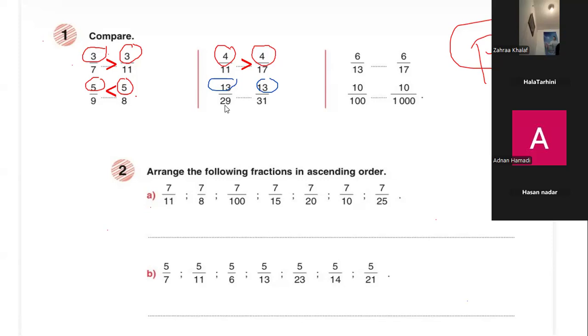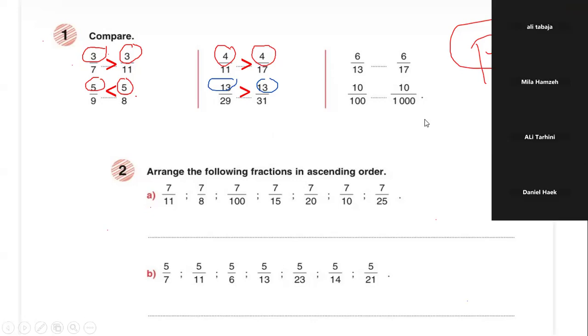No, pay attention. 29 the smaller. The fraction 13 over 29 will be bigger. Okay, so to find the bigger fraction, we should choose the smaller denominator. Do you understand? Yes. To find the bigger fraction, 13 over 29, we should choose the smaller denominators. Okay, the 29.